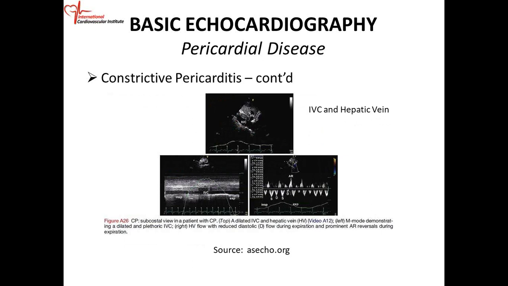You get your dilated IVC. When you look at your mitral inflow, you're going to get a decrease in your E and A with inspiration. But when you look at your hepatic vein flow and you get this, it's 100% constrictive pericarditis.